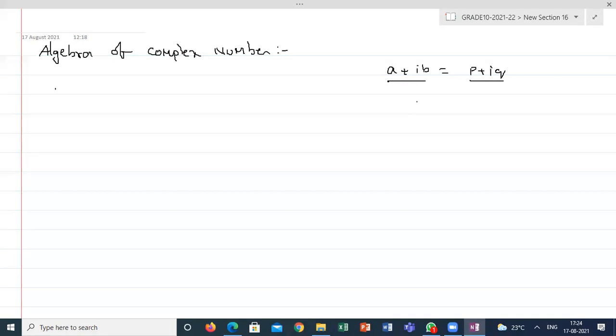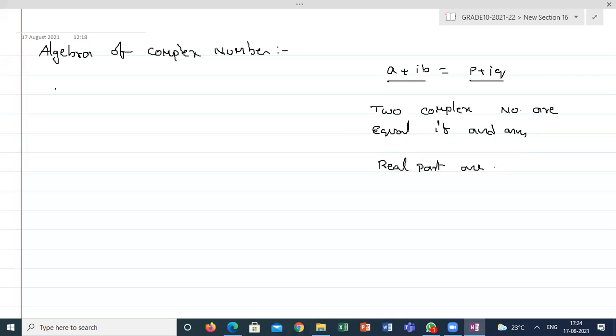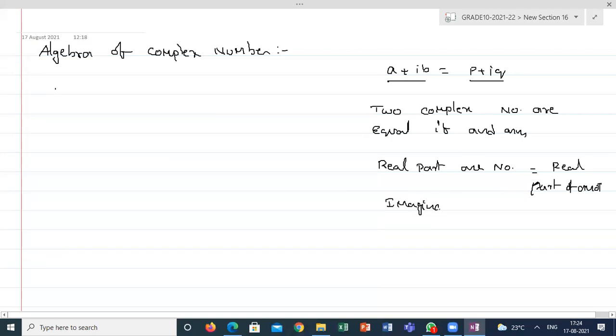These two complex numbers are equal if and only if the real part of one number must be equal to the real part of the other number, and the imaginary part must be equal to the imaginary part of the other number.